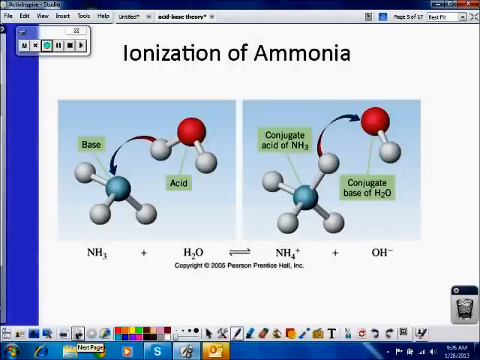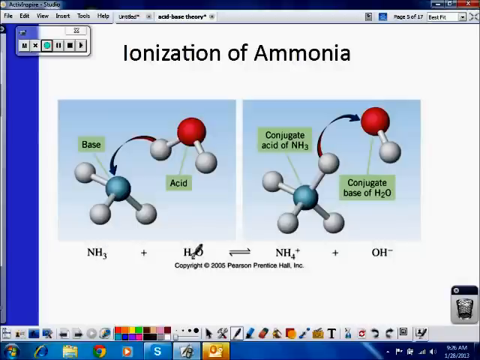When we look at ammonia, this explains why ammonia is a base, and you do need to know that ammonia is a base, because ammonia, NH3, does not have OH- in it. So according to Arrhenius Theory, it should not be a base, but it is. And this is what happens when I put ammonia in water. I get NH4+ and OH-.